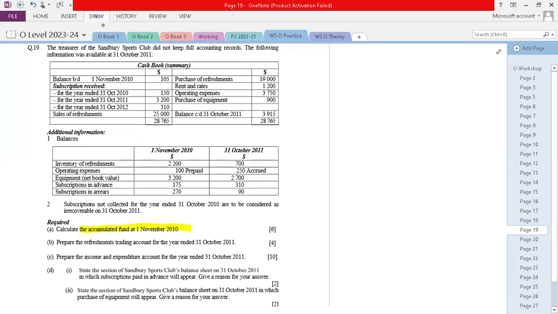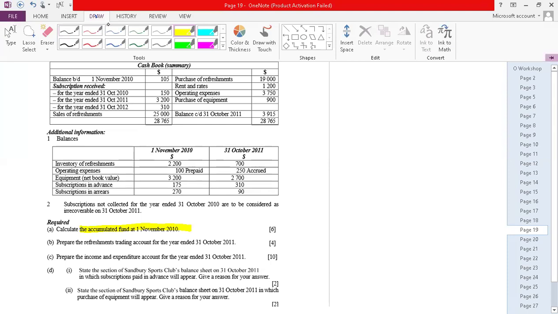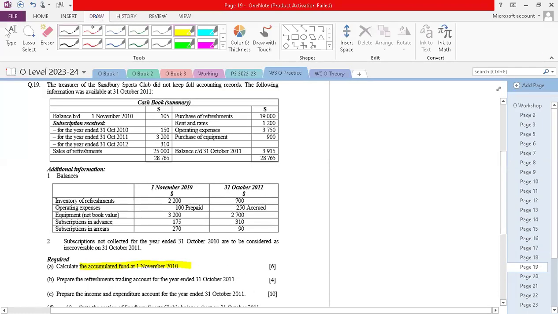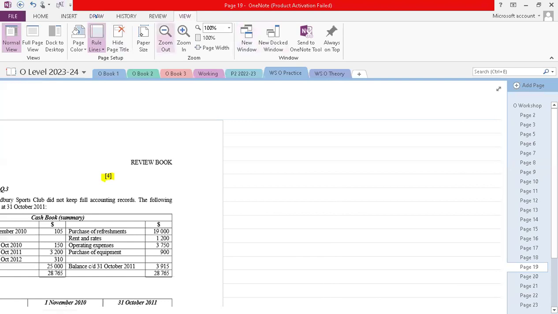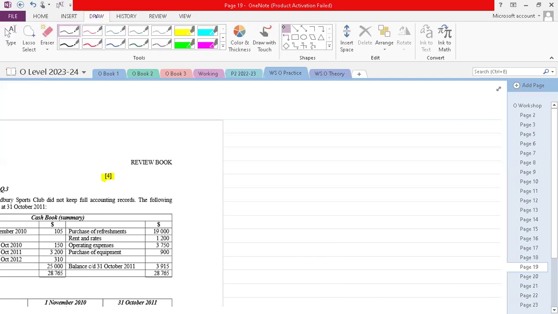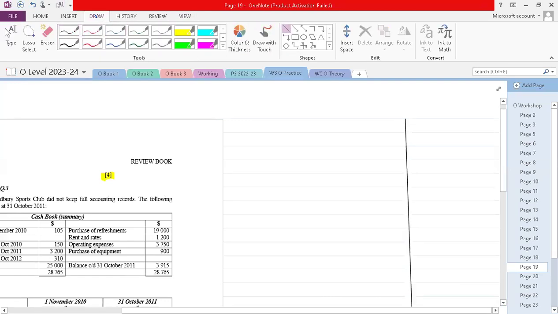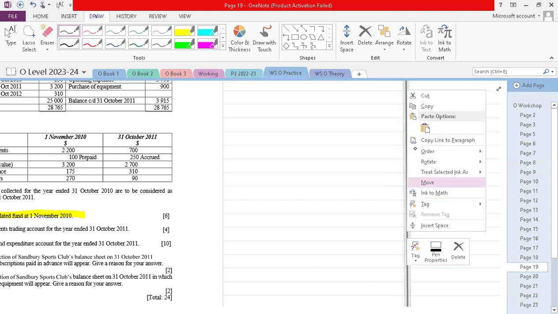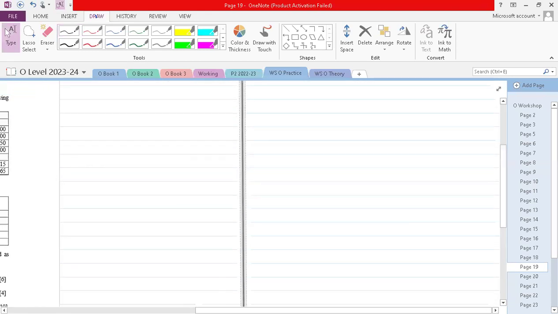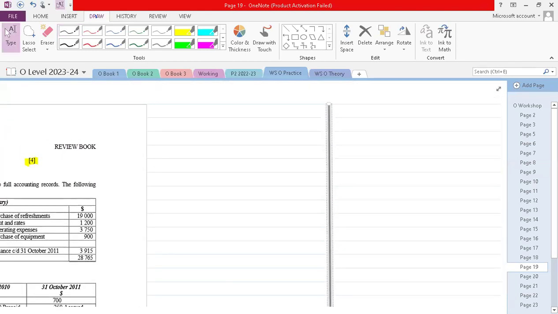This time it is to be calculated from assets minus liabilities. Stay with me and try to solve with me so that you can get a clear idea of the topic. No confusion will remain after today's lecture.